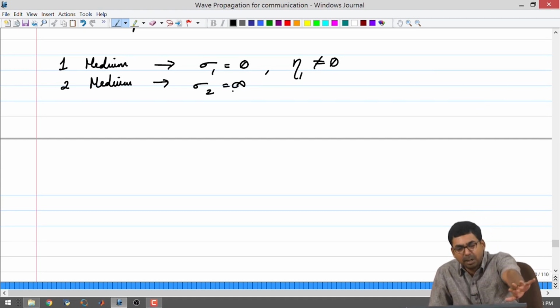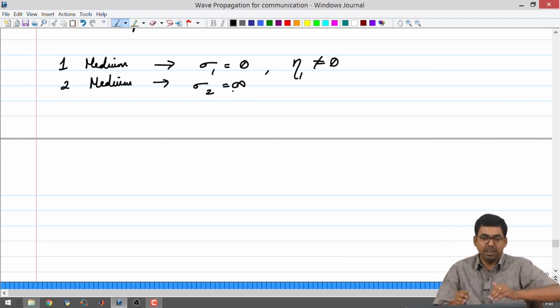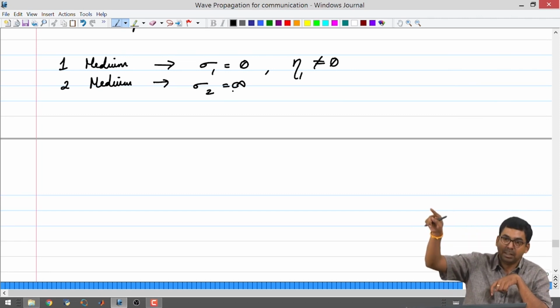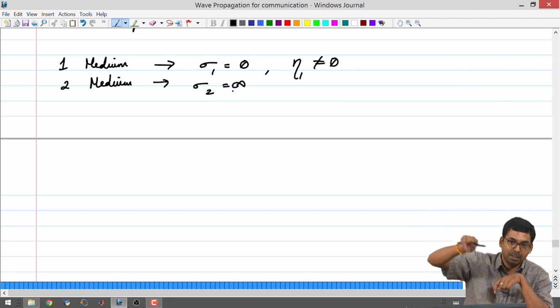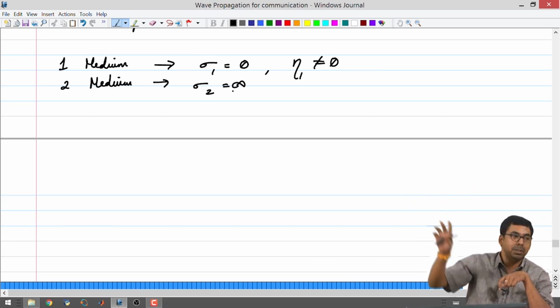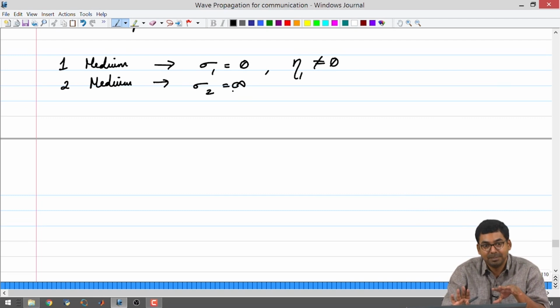Directly you need not approach this problem, we just want to see whether our equations hold good for this case or not. Otherwise you could write the incident field, the reflected field, the transmitted field, and try to find the values of gamma and tau using proper boundary conditions.